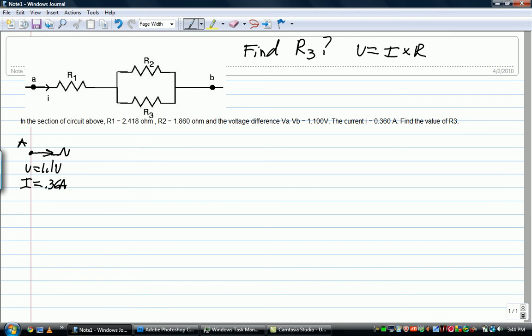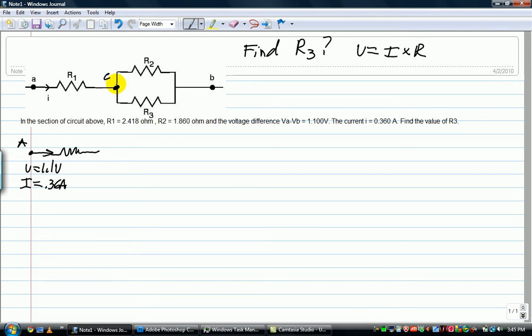And we have this resistor right here. In order to start making calculations over here, we want to find the current across these resistors and the voltage across these resistors. So we want to find the voltage and the current at this point.